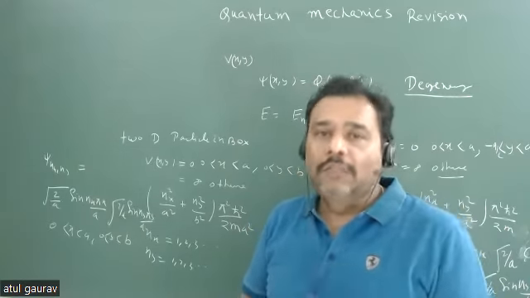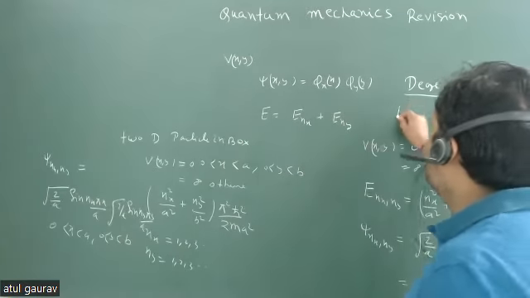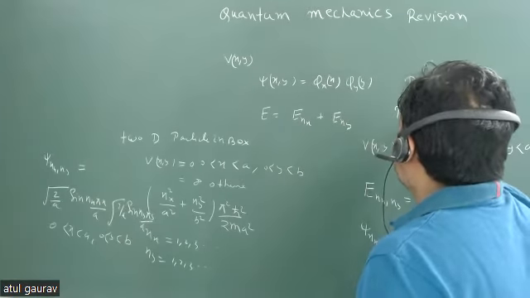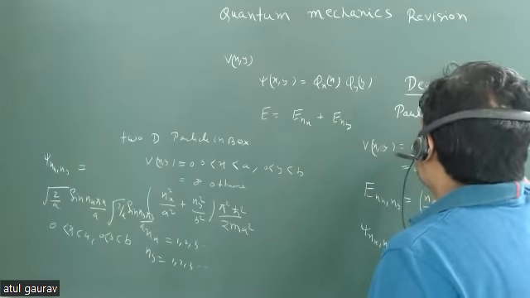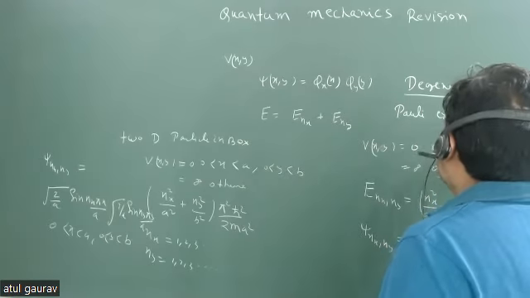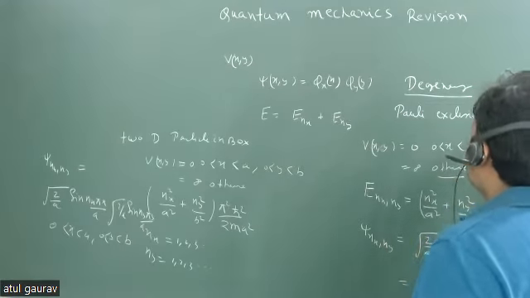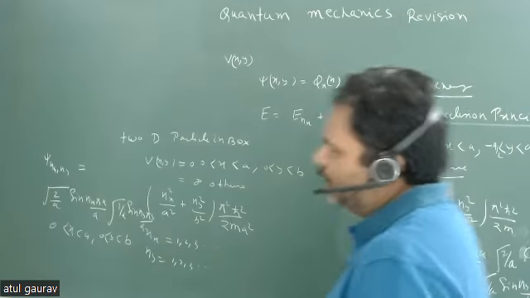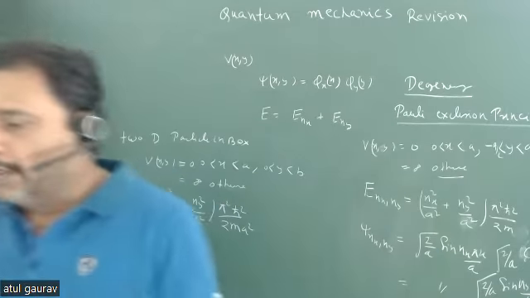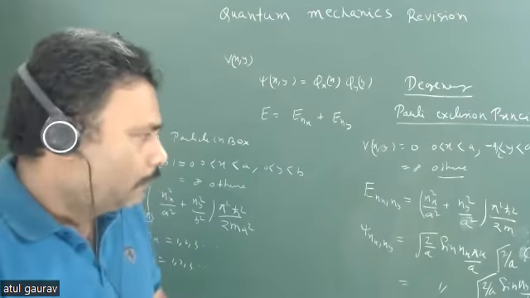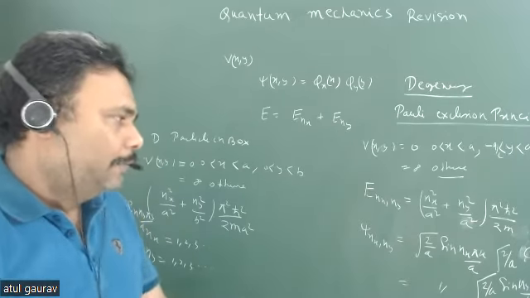So how can you use the concept of the Pauli exclusion principle? You have learned all this in statistical mechanics in a very nice way, so you just have to apply the Pauli exclusion principle.